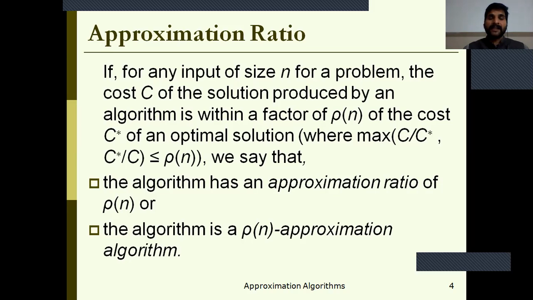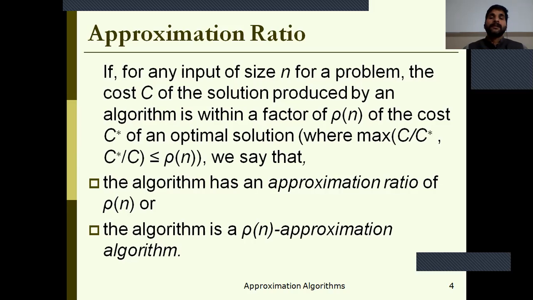We say that the algorithm has an approximation ratio of rho of n, or the algorithm is a rho of n approximation algorithm. Here, C is the approximation cost of solving the problem and C star is the optimal cost of the given problem.